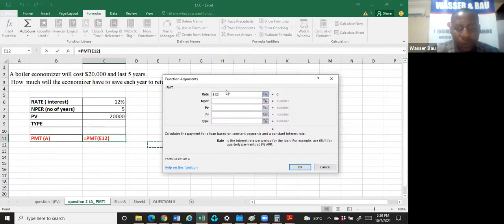Okay. So if you go to PMT, under rate, 12%. I'll click inside the cell for number of years or number of payment terms. That's why you see it says NPER. Unfortunately for this one, the payment terms and number of years or the lifespan are coincidental. So the lifespan is 5.